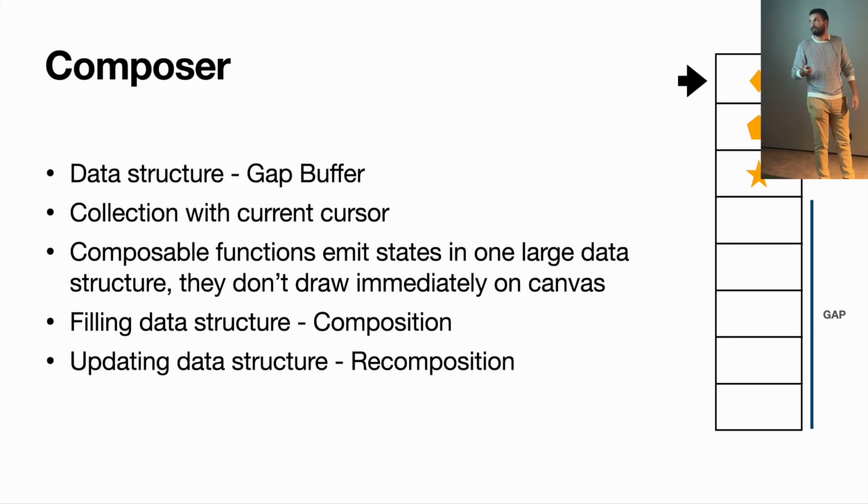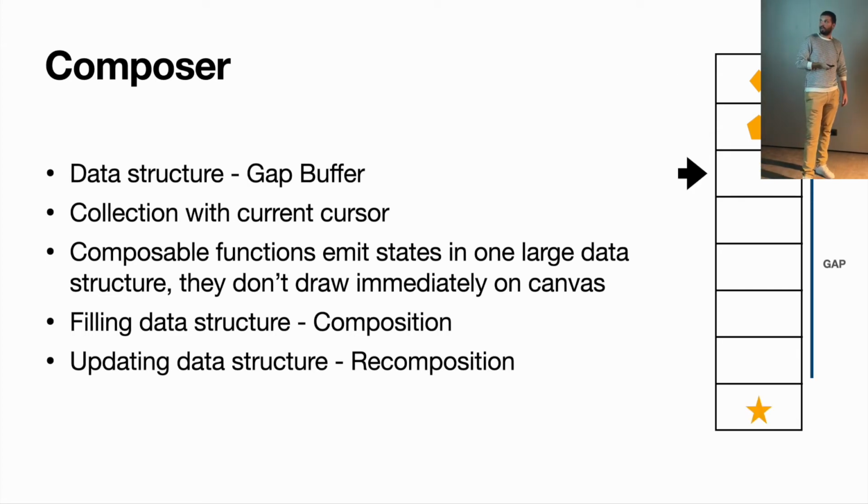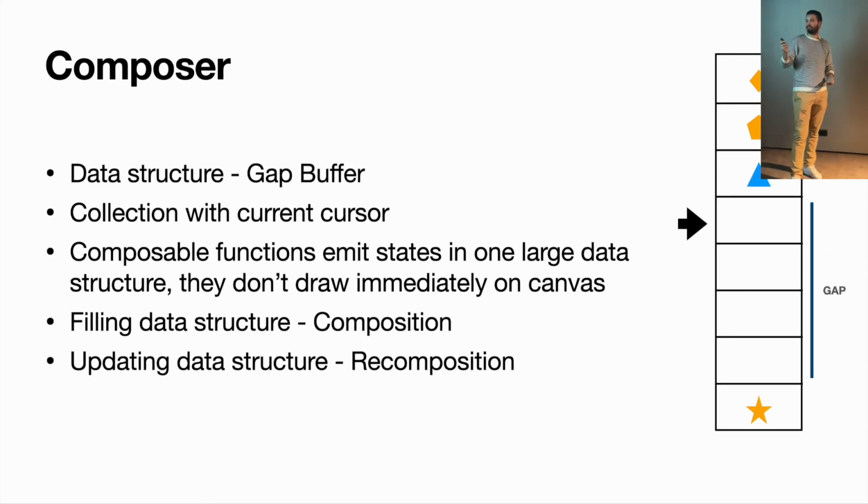Now you may wonder, what if we dynamically change our screen? What if we add a new composable between the second one and the third one? Well, this is where the gap buffer comes in handy. It basically takes the big chunk of empty space, the gap, puts it in the place where another composable needs to be saved, and then it inserts that composable, the blue triangle.